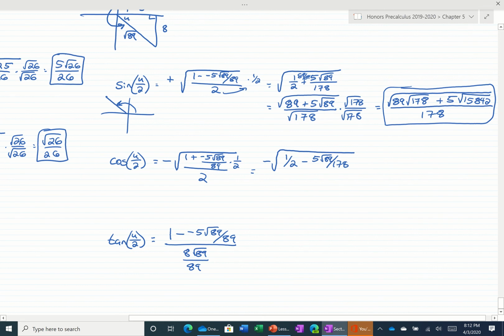Getting a common denominator would give us negative square root of 89 minus 5 root 89 over, let me see here, the square root of 178.